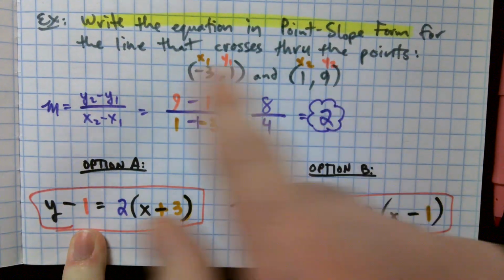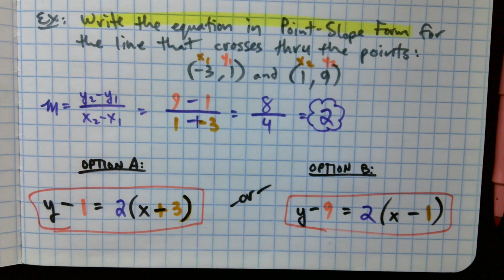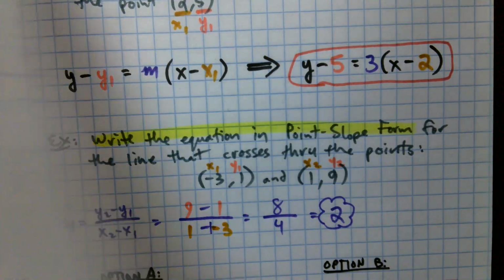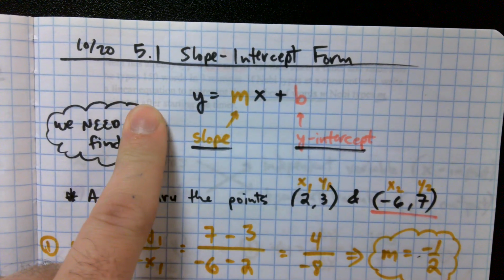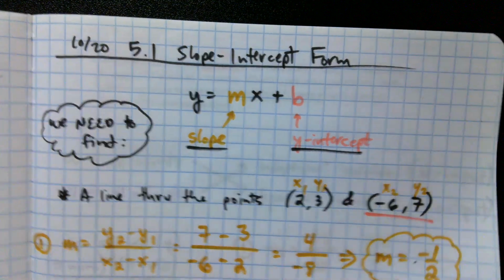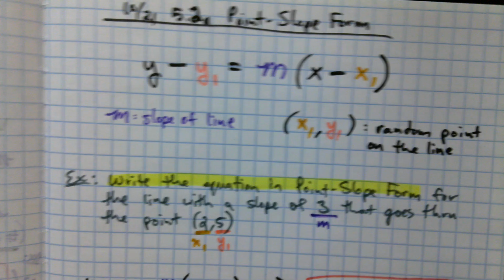So if the point that I plug in is arbitrary, I can plug in any of those infinite number of points. This is extremely important to note because in slope-intercept form, there is only one way to write the equation for that specific line. On the contrary, in point-slope, there's an infinite number of ways we can write it.